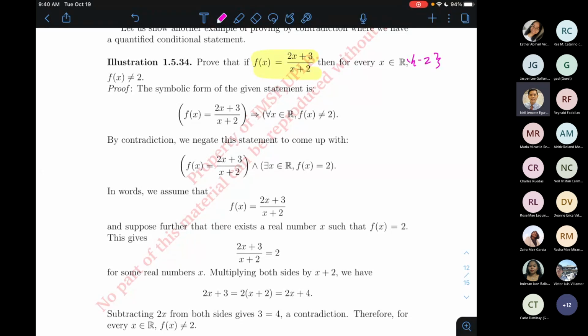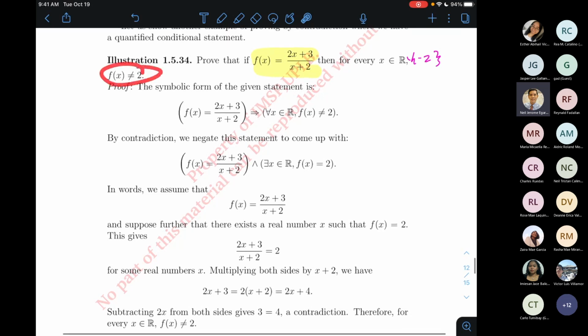So let's try to prove that if f of x is (2x + 3)/(x + 2) for every x in R less the set {-2}. So ibig lang nitong sabihin sa lahat ng x na hindi equal kay -2, right? Then we want to show that f of x is not equal to 2. Right? So yun yung gusto nating ipakita. Na kung si f ay defined this way, si f of x never magiging equal kay 2.